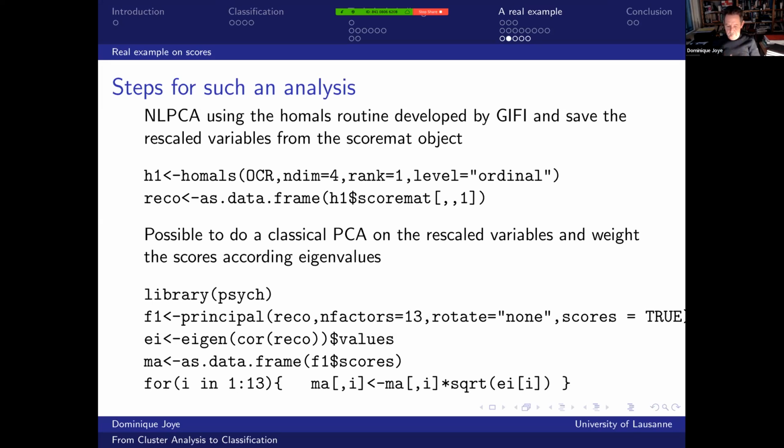And in fact, what we do is try to find a method that gives us the metric which is underlying the variables. And if we are able to find this metric, we can use it in the different analyses. And with the recoding, we can use it directly in the principal component analysis.